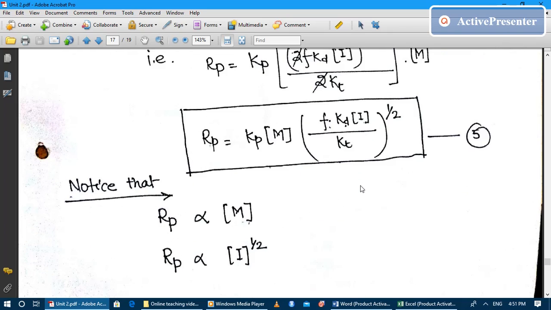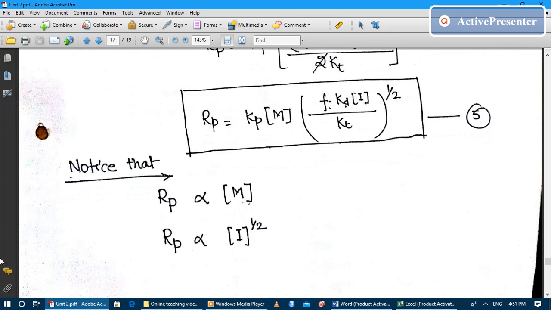So from this equation we can conclude that the rate of polymerization Rp is directly proportional to the concentration of the monomer. That means the higher the concentration of the monomer, the greater will be the rate of polymerization. Also, the rate of polymerization is proportional to the under root of initiator concentration.